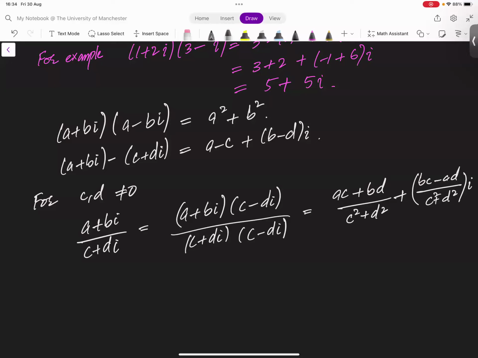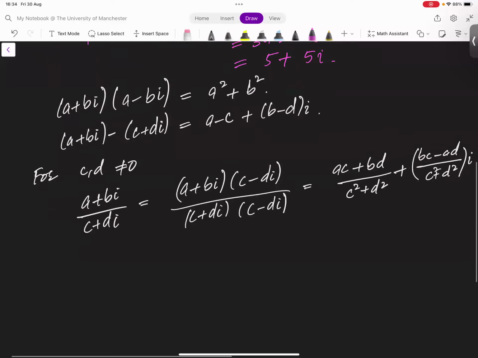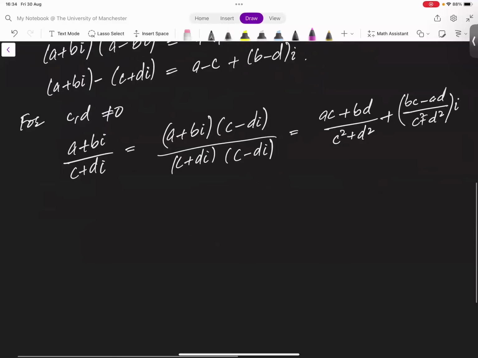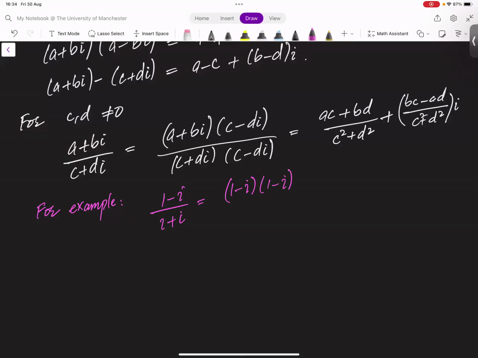So if you use this division formula, you will get something like, for example, 1 minus iota over 1 plus iota is nothing but (1 minus iota)(1 minus iota) divided by (1 plus iota)(1 minus iota).